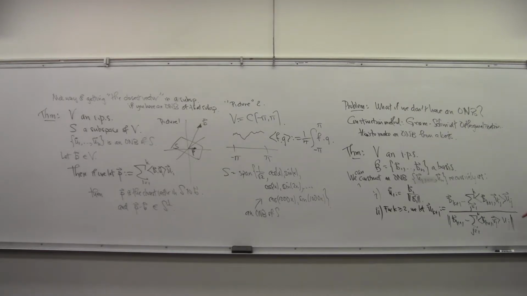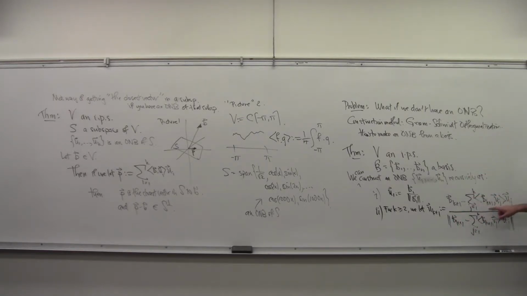Can anyone see the idea? Dividing by the norm on the bottom is just to ensure that this thing is norm 1. That's sort of obvious. You don't have to worry about the bottom part. We do that because we want an orthonormal basis.